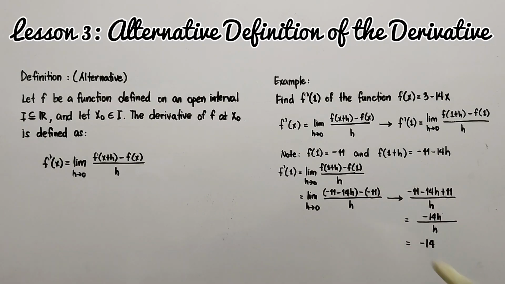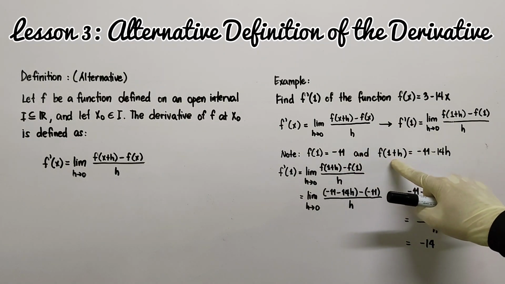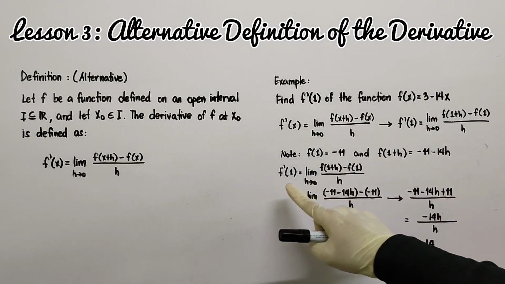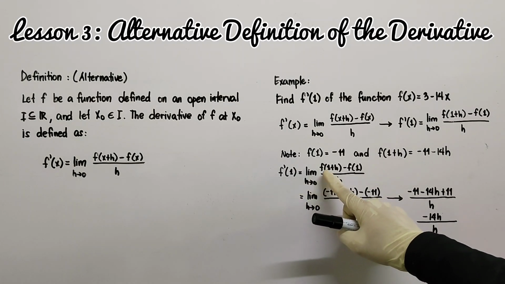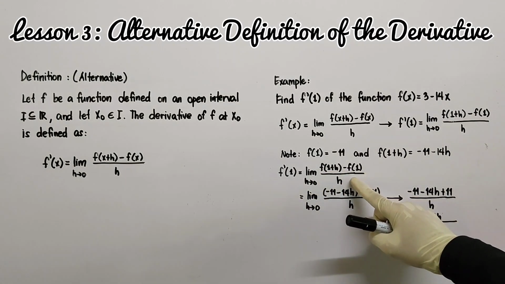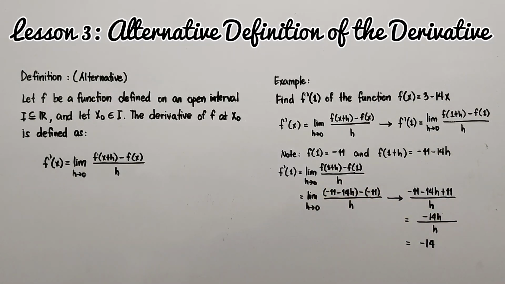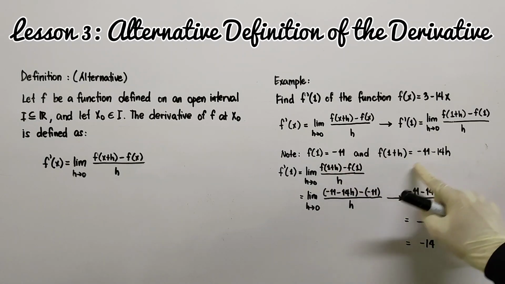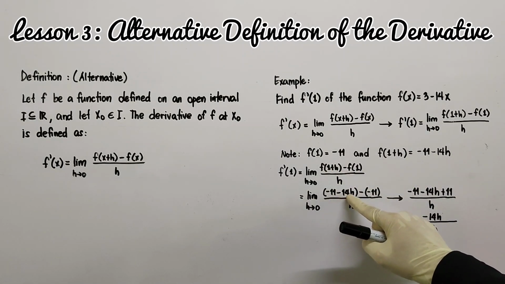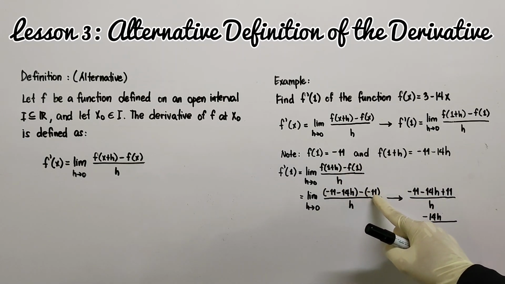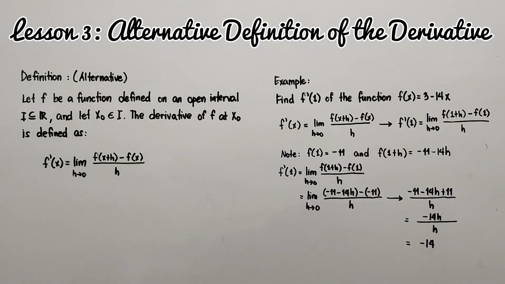Note that our f of 1 is negative 11 and our f of 1 plus h is negative 11 minus 14h. From this, f prime of 1 is the limit of f of 1 plus h minus f of 1 over h as h approaches 0. So just substitute f of 1 plus h: negative 11 minus 14h, and f of 1 is negative 11, so you have minus negative 11 over h.